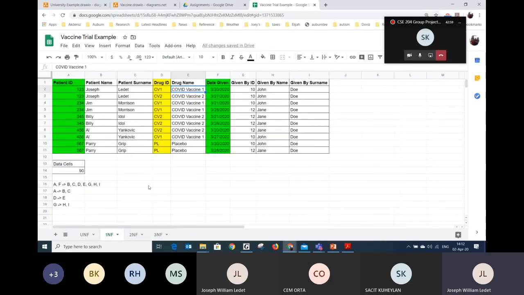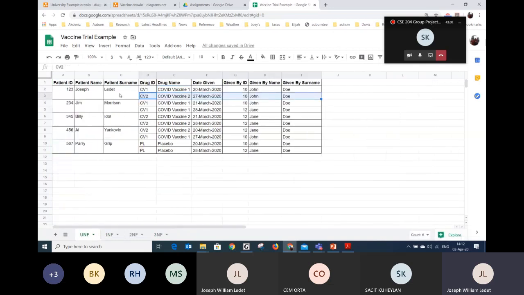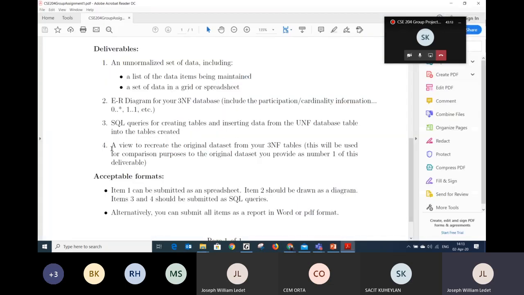But if we had the format something like this, our human brains can look at this and understand this type of data much more quickly, right? And so what this last part, part 4, is intended to do is for you to be able to say, can I take my third normal form database tables and put that data back together into a format that's more understandable for my human readers, my human viewers?